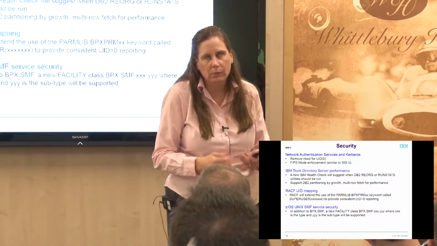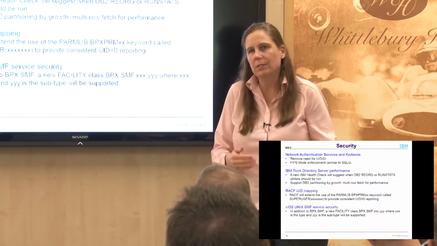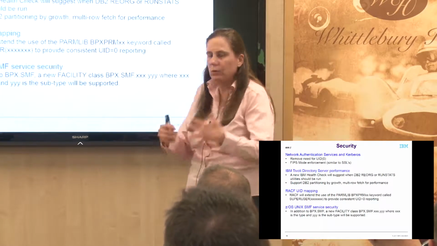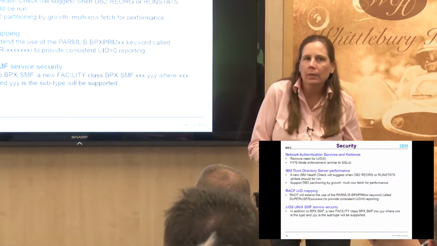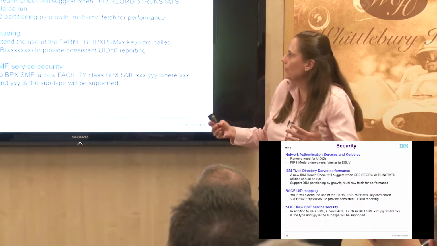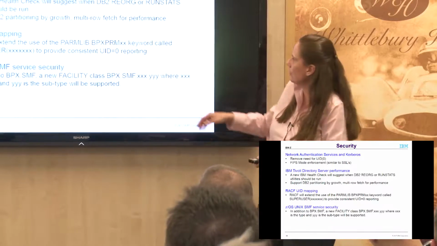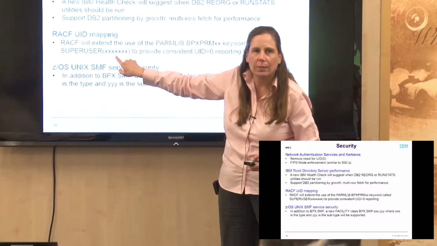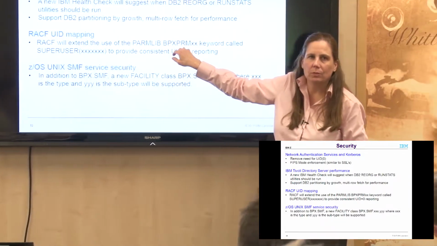A little item here, and this was another user requirement, is that we would not necessarily have consistent mapping for the username when a file was owned by UID 0. So sometimes you get one username, and other times you get another username. So what we said is we're going to use this existing statement, SUPERUSER, with a username here, and this is in BPXPRM.